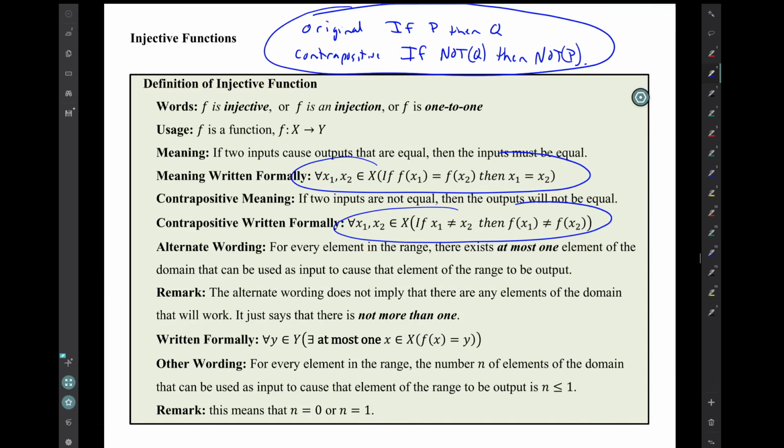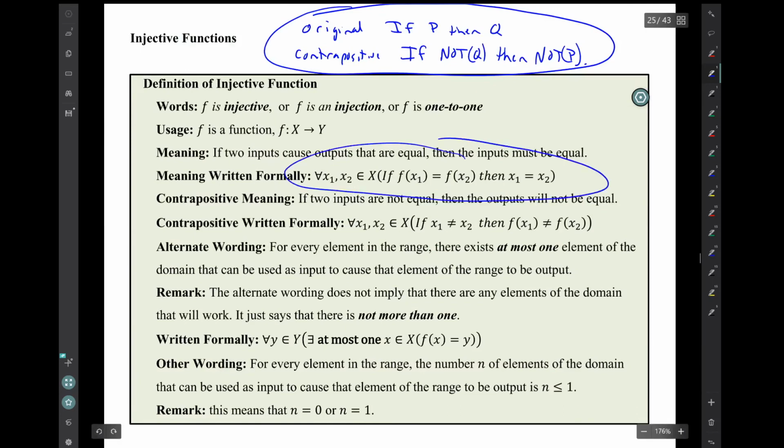So if we want to prove that f is injective, we have to use those statements in our proof. Now, this statement of injective is of the form of a universal conditional statement. So our proof is going to be a direct proof. We're going to introduce generic elements of the domain that satisfy the hypothesis, and then we have to show that they satisfy the conclusion.